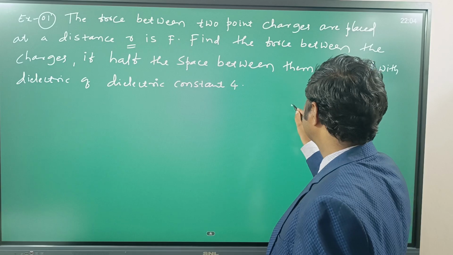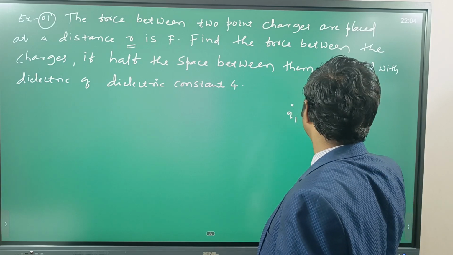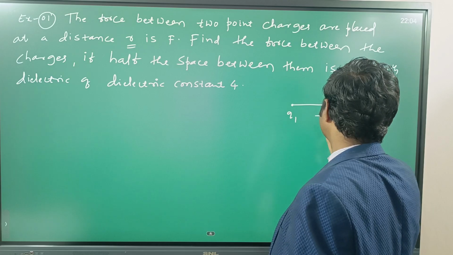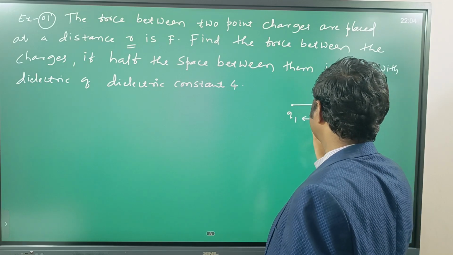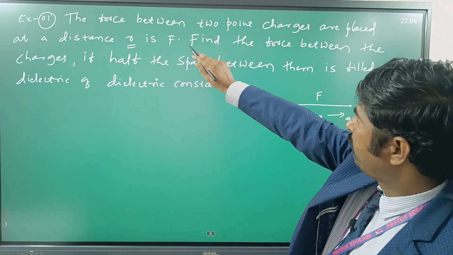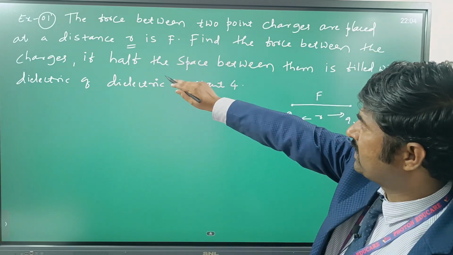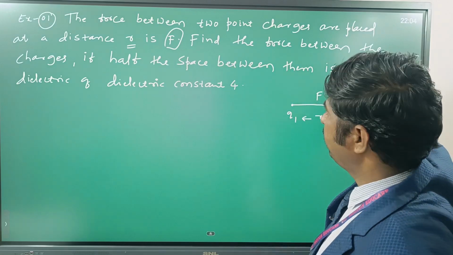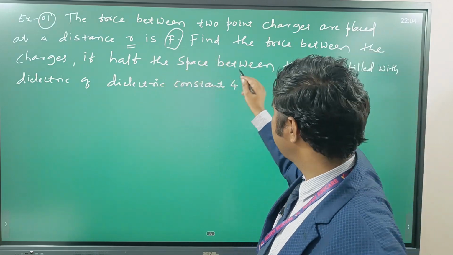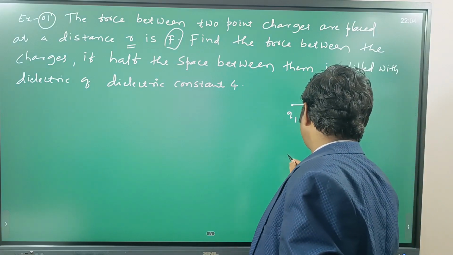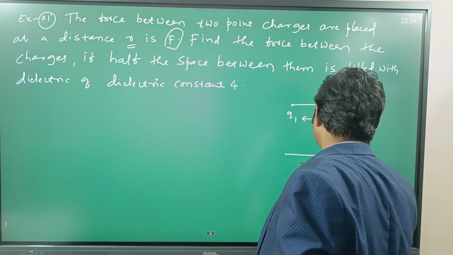One part is, we have two charges Q1 and Q2, separated by a certain distance R, and the force between them is F. In the second case, half of the space between them is filled with a dielectric.